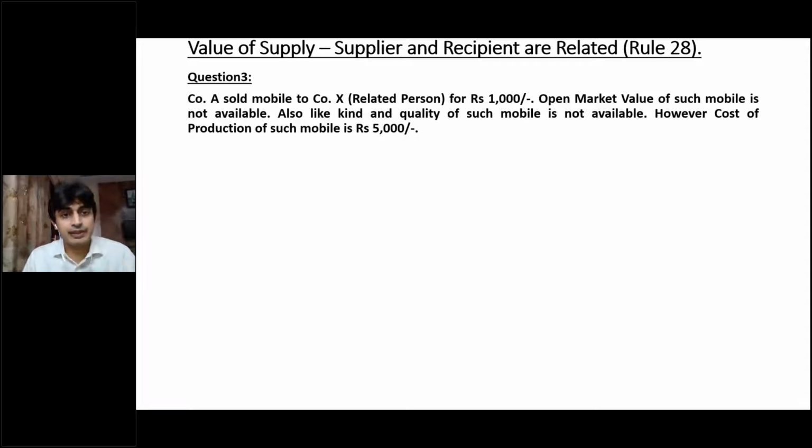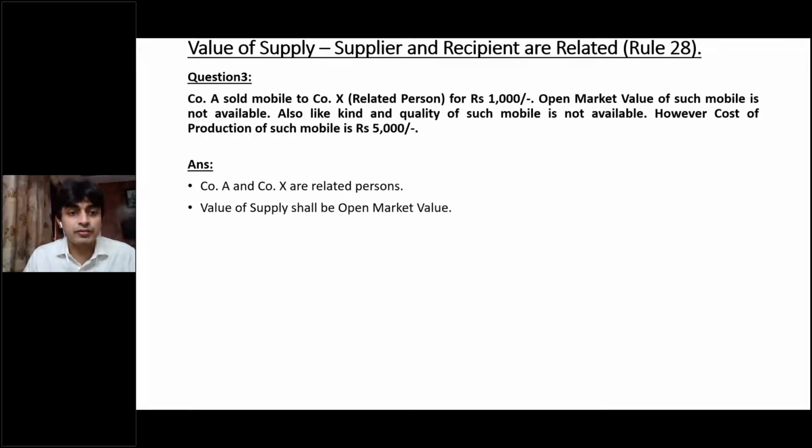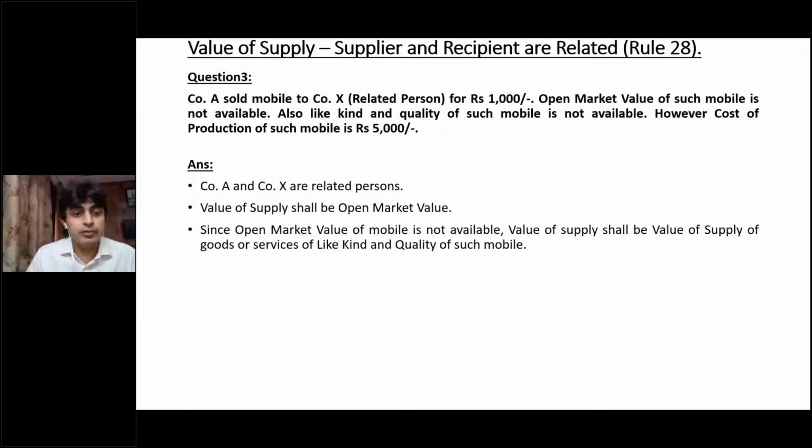First of all, are supplier and recipient related? Yes. So section 15 I can't use. It cannot be transaction value. So where do I have to go? Rule 28. What does rule 28 say? Value of supply is what? Open market value. Is open market value available? No. So what is the next step? Value of the like kind and quality. Is like kind and quality available?